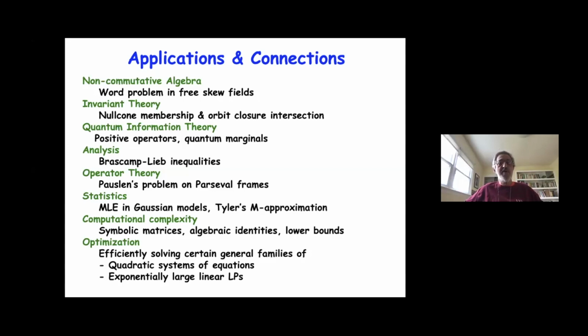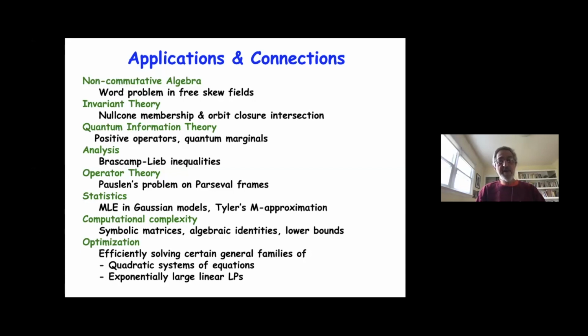Non-commutative algebra. You don't have to read the black thing, but invariant theory, of course, will be a major thing we'll discuss. Quantum information theory, analysis: this work enables us to prove inequalities. Some things have been added very recently by other people, like connections to operator theory and to statistics, that just in the last year managed to use these tools.